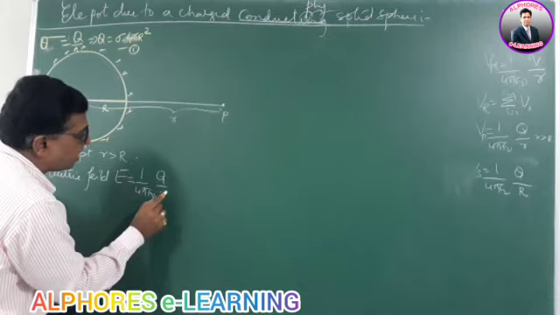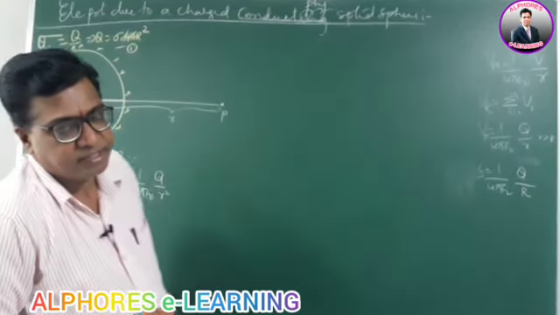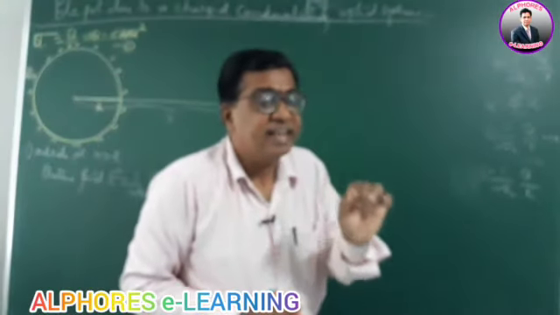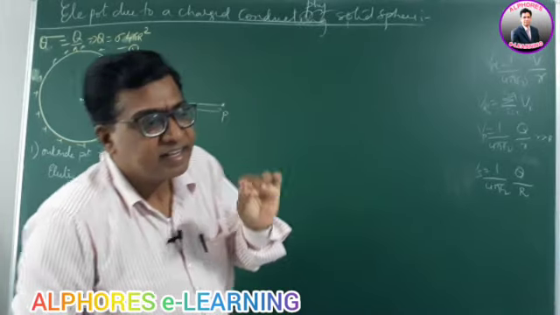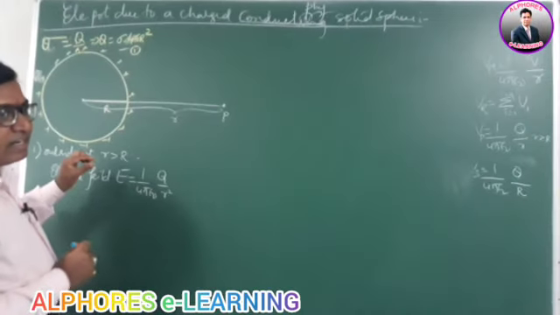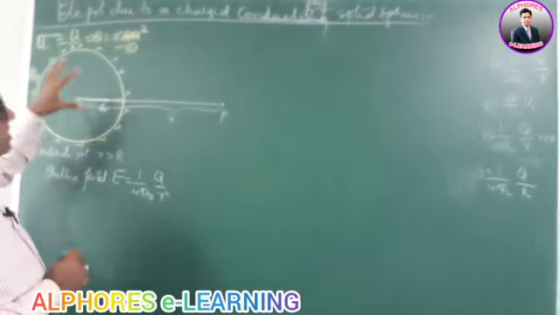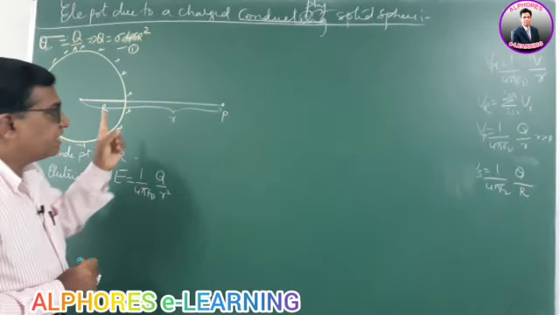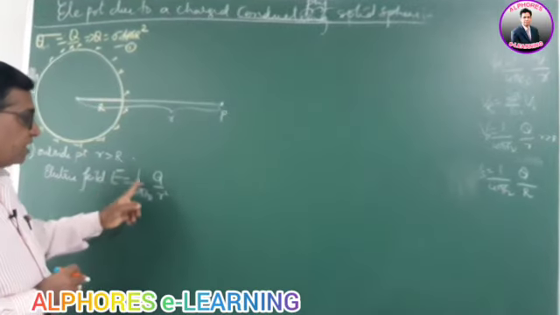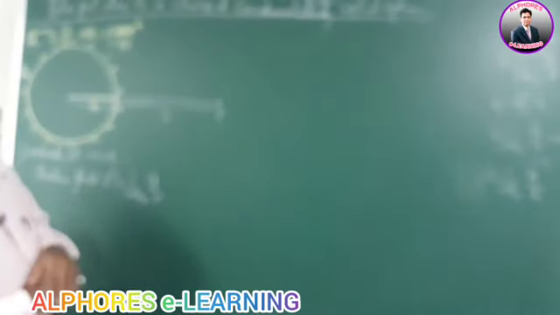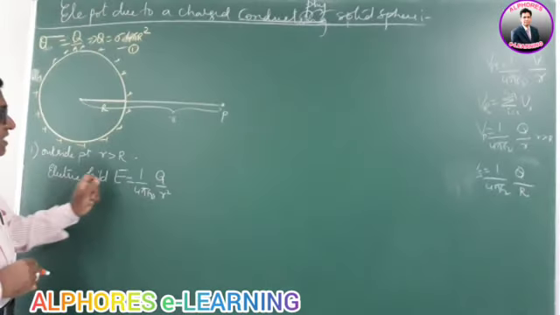The electric field intensity of a solid conducting sphere at any outside point is 1 by 4 pi epsilon Q by R square. So this is the electric field.